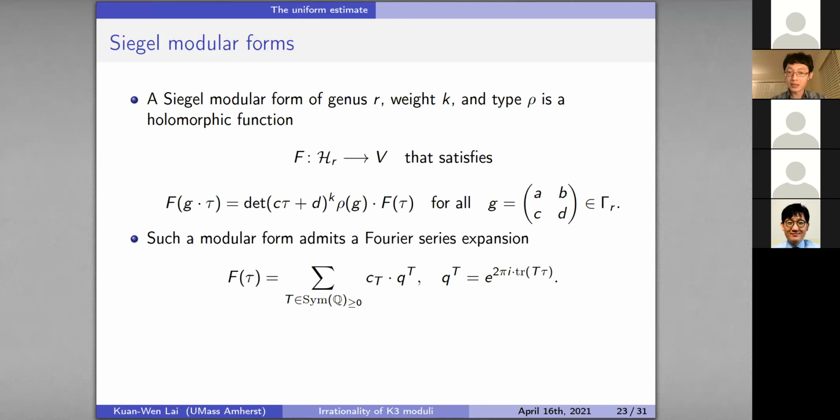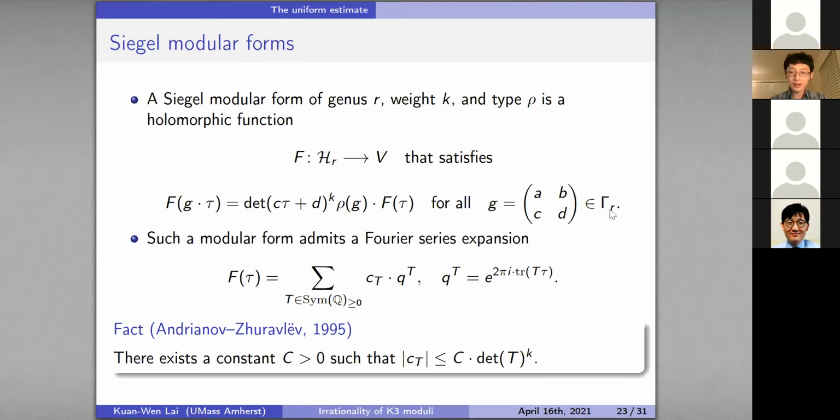Here T in particular is a matrix, and q to the T is not just a power. It's e to the 2 pi i times the trace of the product of the matrices T and tau. So it's more complicated here.